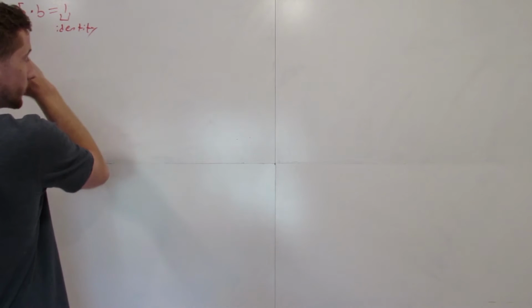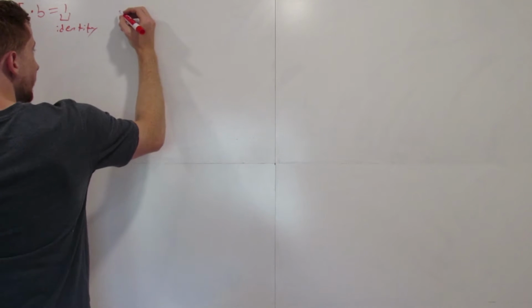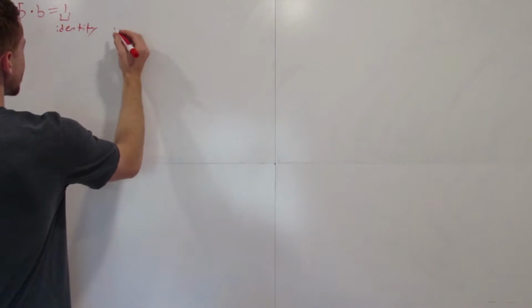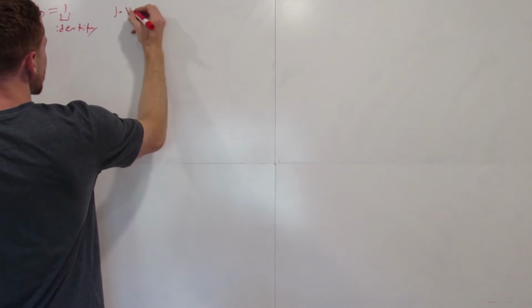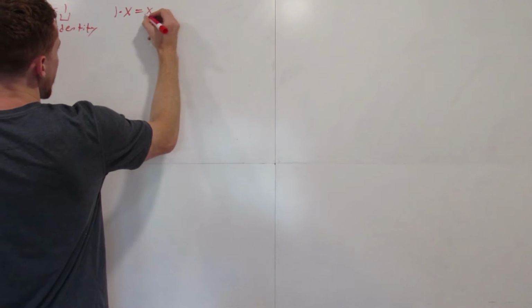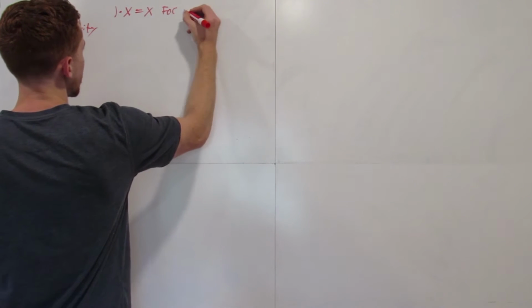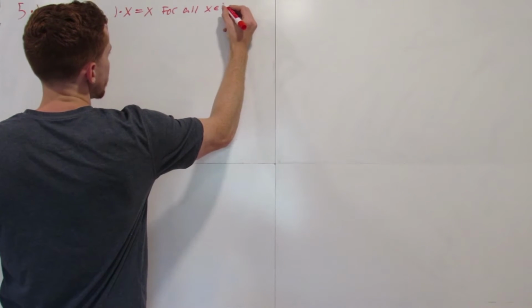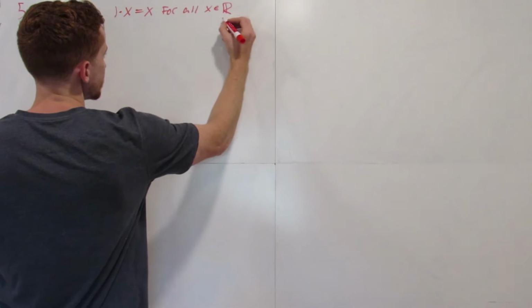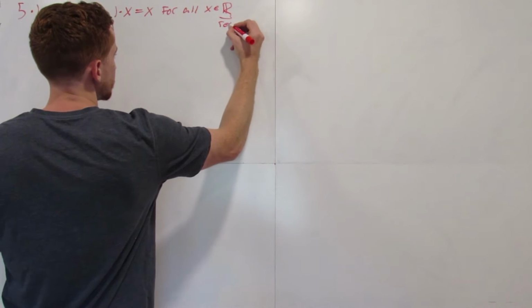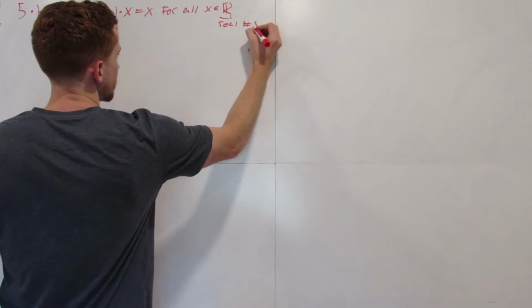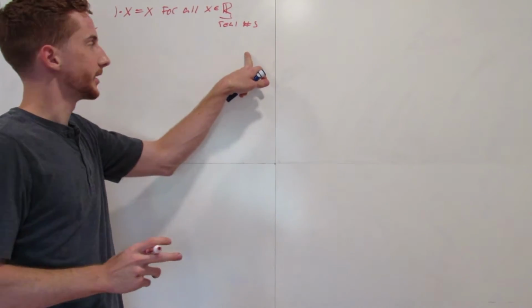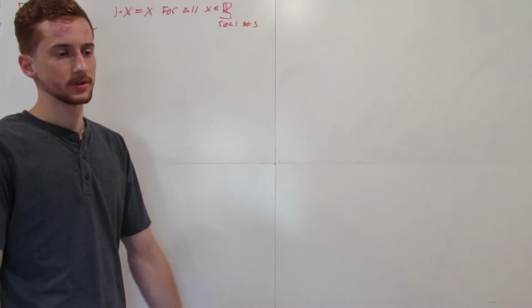To put in some fancy math, essentially 1 times x equals x for all x in the set of reals, and even for every complex number too.